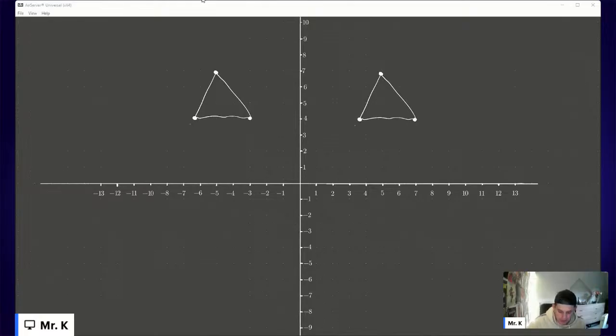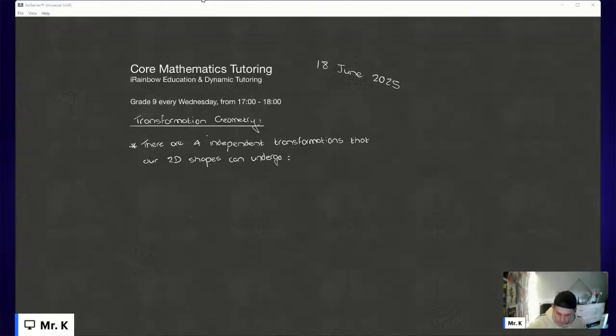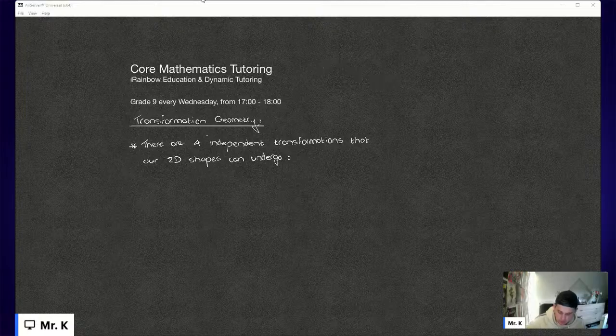We also have the ability to take a given shape and rotate it by a certain number of degrees in a specific direction. So all of these are what we call transformations, right? A transformation means that a shape undergoes some kind of change. So there are four independent transformations that our 2D shapes can undergo.